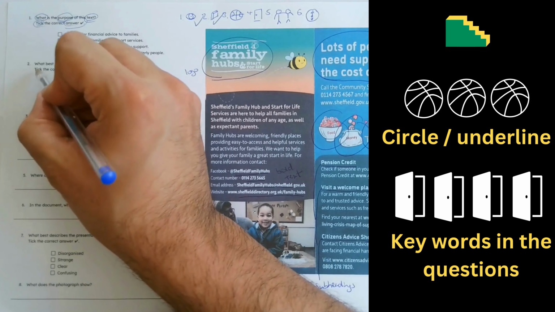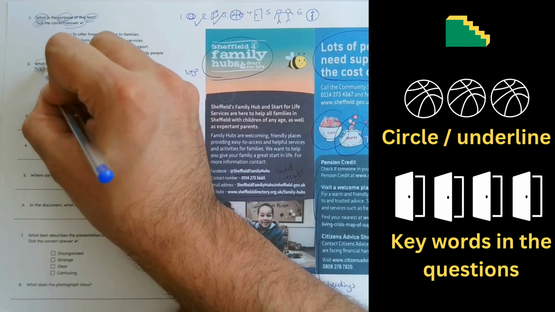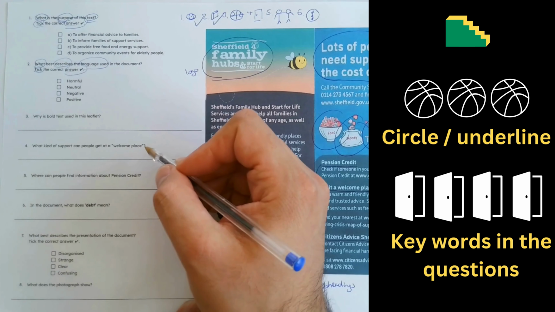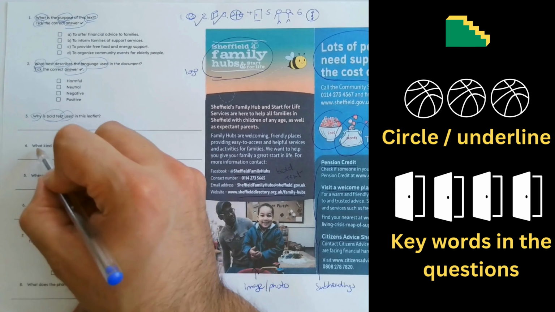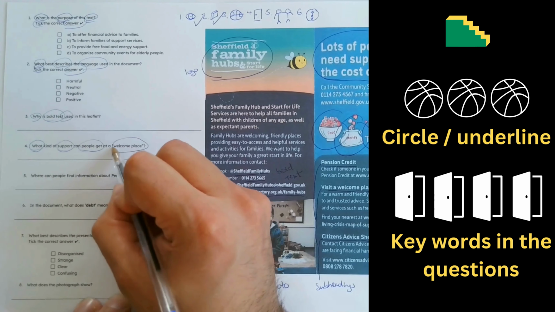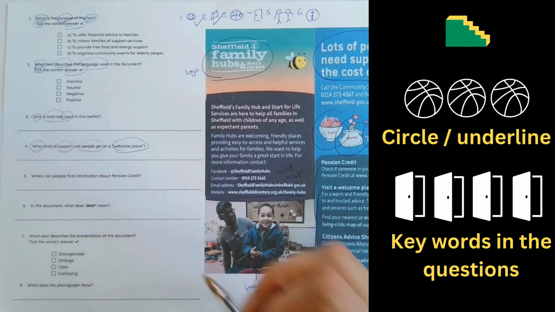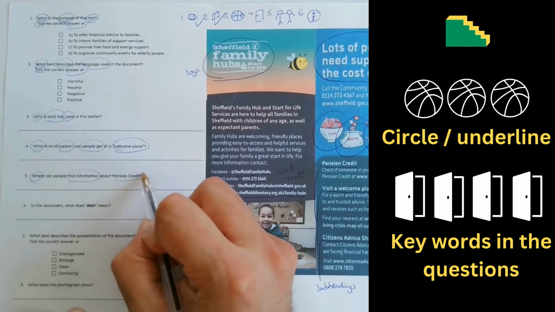What describes language used? Again, tick, answer. Why bold text used? What support people get? Welcome place. Next one. Where find information, pension credit.